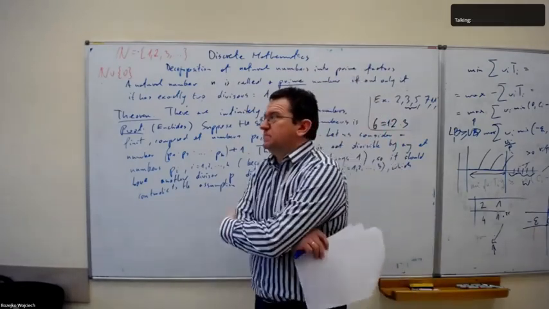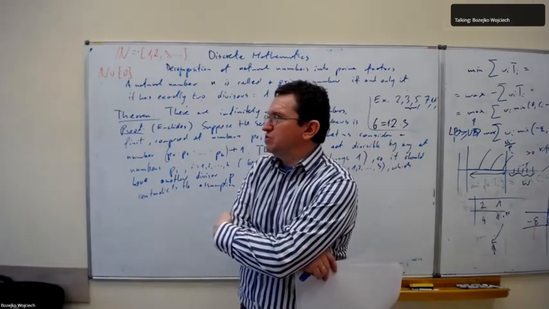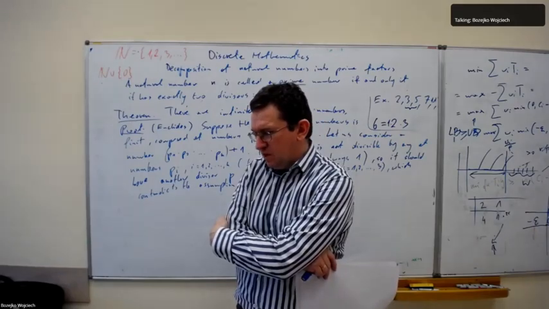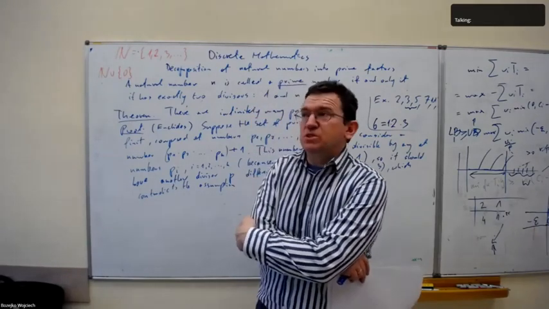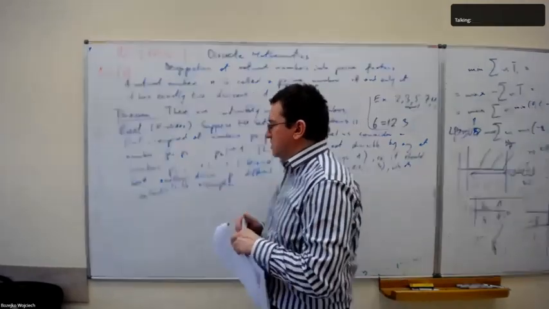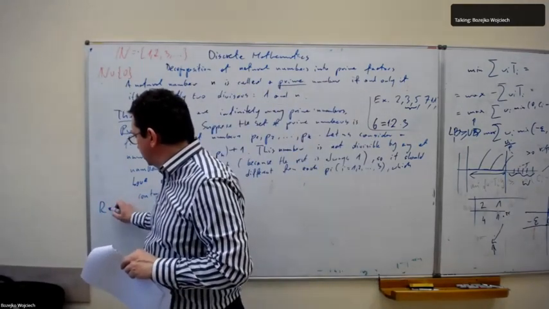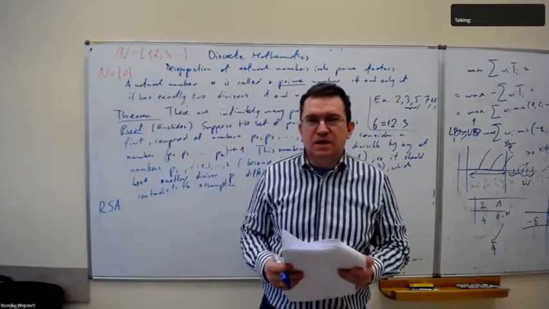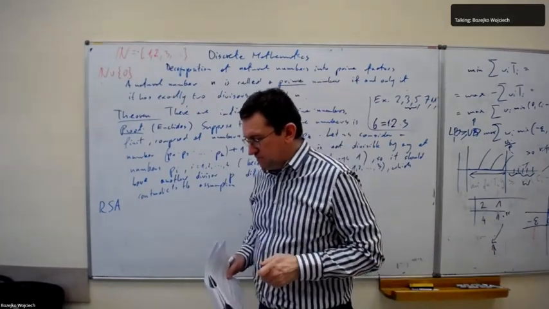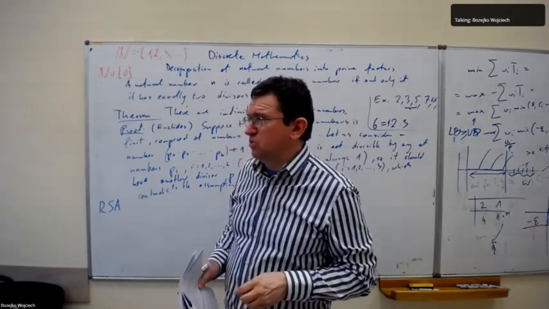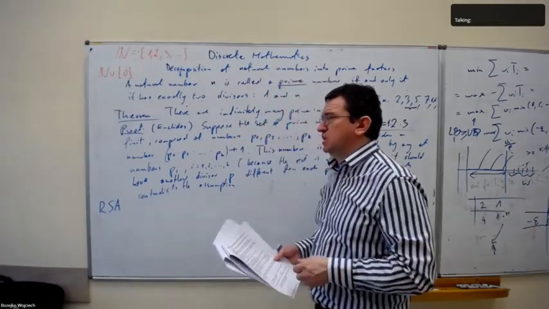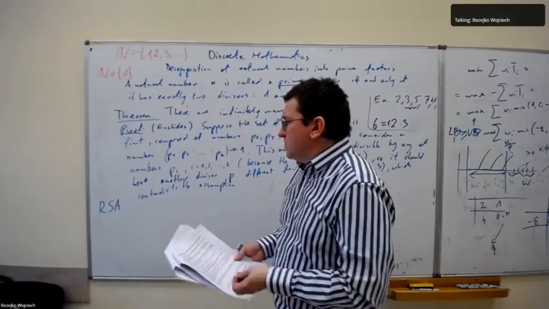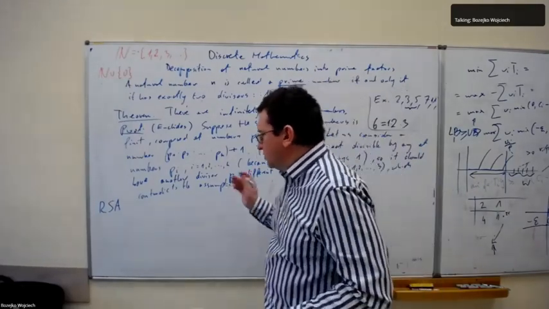As you maybe know, prime numbers are very efficiently used in cryptography for making cyber security. For instance, there is such an algorithm, RSA, which is used to make a digital signature or just cyber security in general.